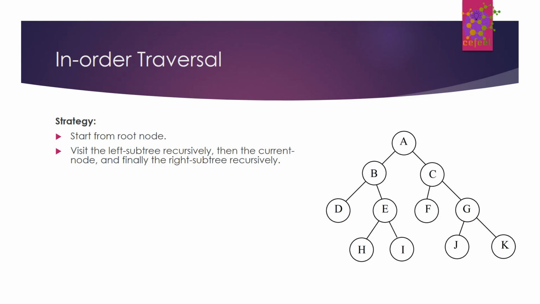So again, the process of starting is the same. We start from the root node, but we will not visit the root node first. We'll first visit its left subtree, then the node, and then the right subtree.